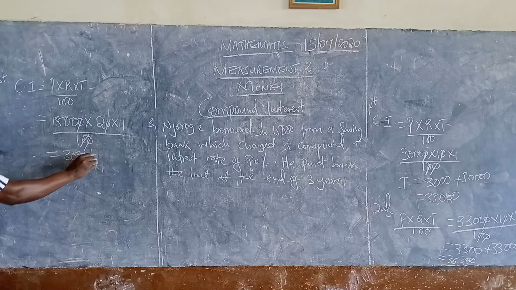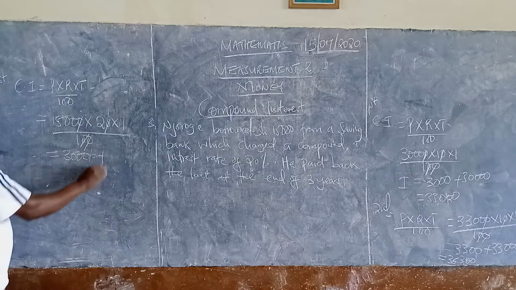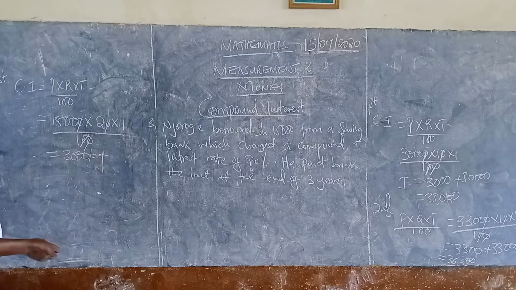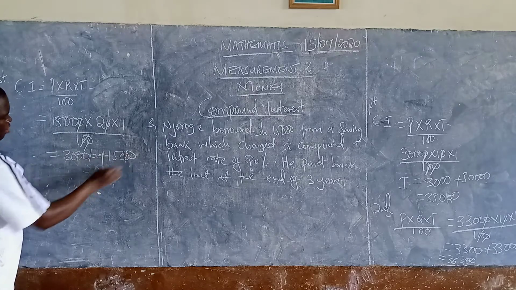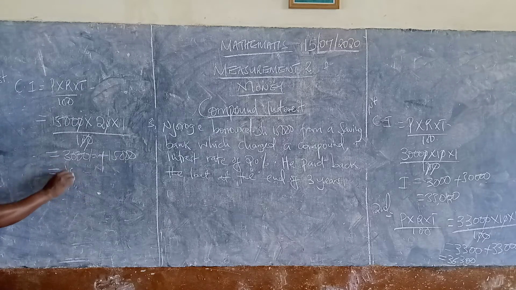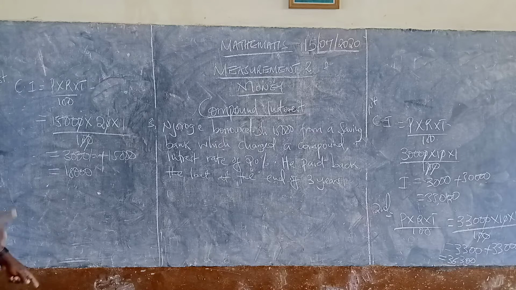We add this to the principal at the beginning of the first year, which is 15,000, and we have 18,000. The 18,000 is going to act as the principal for the start of the second year.